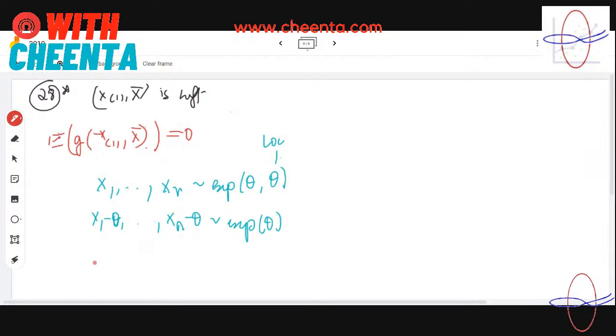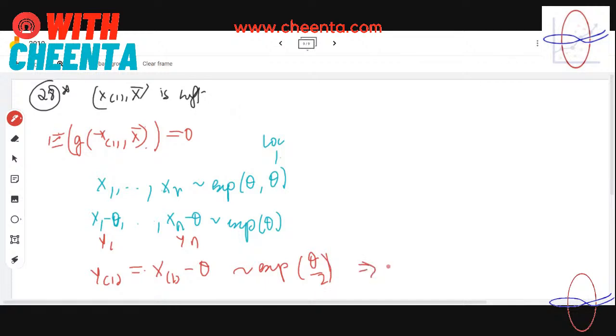So if you call them y1, y2, ..., yn, then y of 1 is the same as x of 1 minus theta, because we just take minus theta common. And you know that the minimum of exponentials follows an exponential with parameter theta by 2.